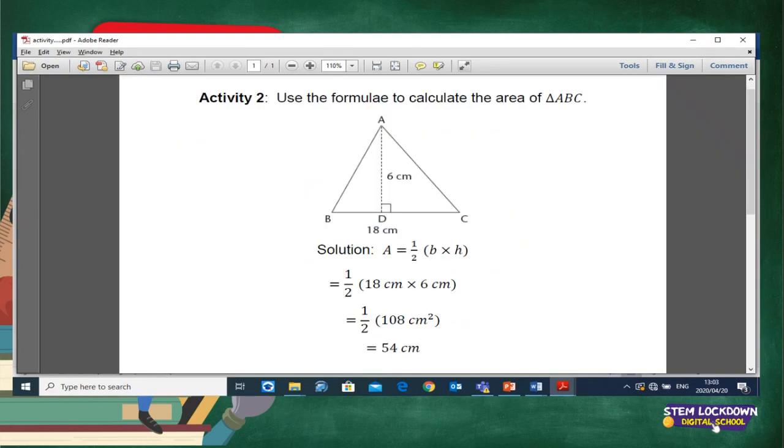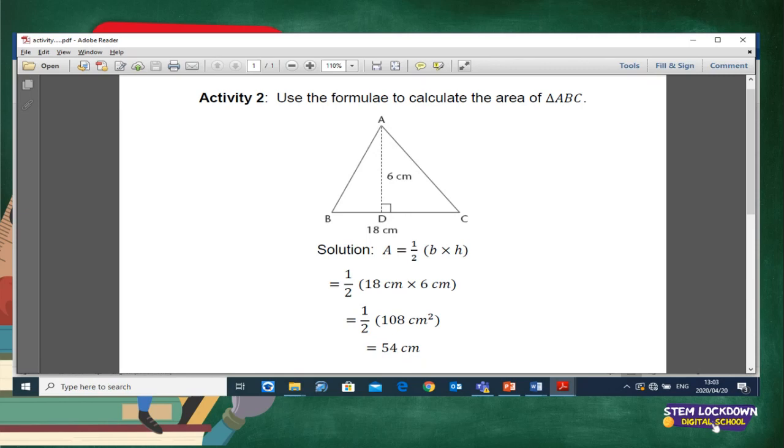Now, we are coming to this activity. I want us to use the formula to calculate the area of triangle ABC. Now you can see in triangle ABC that you are given the base as well as the height.